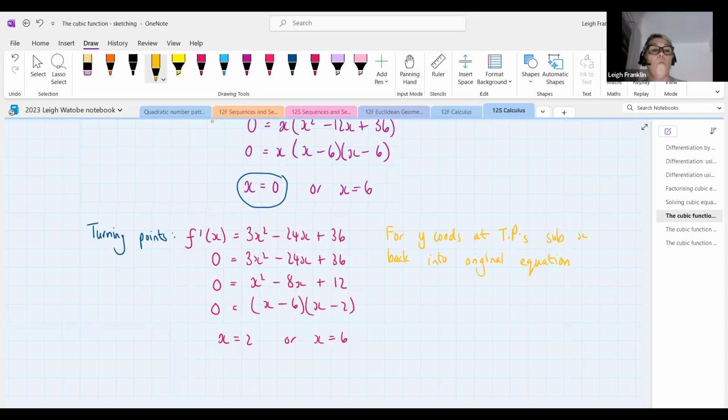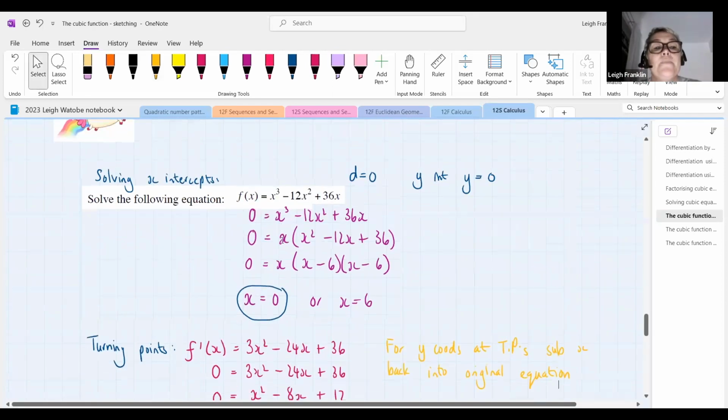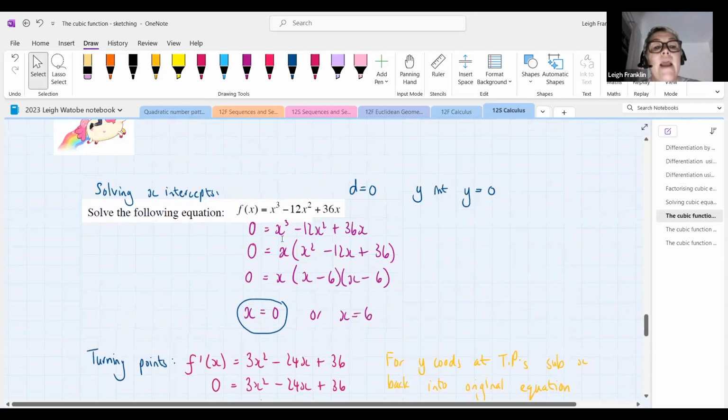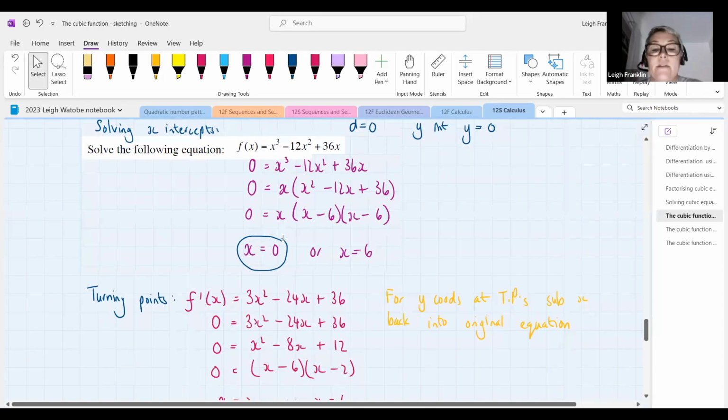So what we are now calculating essentially is f of 2 and f of 6.